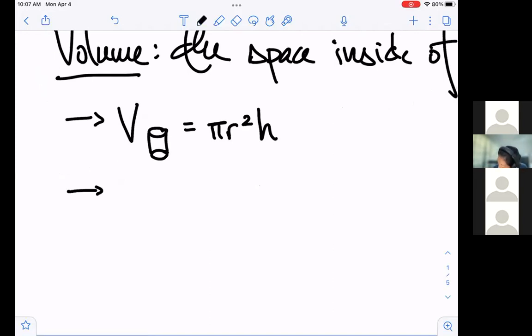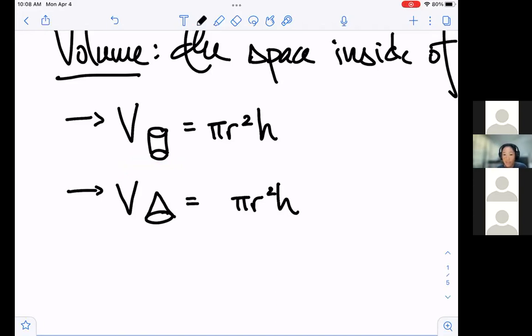Another common shape we're asked to find the volume of is a cone. So the volume of a cone. It turns out that the volume of the cone is related to the volume of a cylinder. As much as we would like it to be half of a cylinder, it turns out that it's 1/3 pi r squared h.